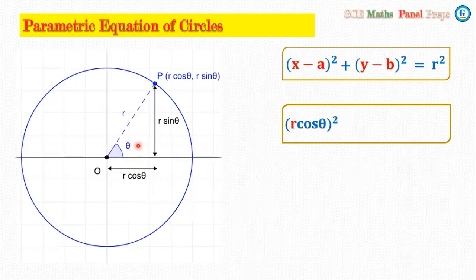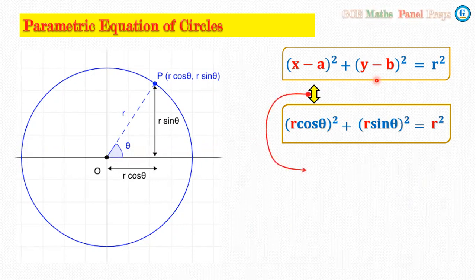From here, we know that this is x minus a all squared, so that's r cos theta all squared. This is y minus b all squared, which is r sine theta all squared, equal to r squared. So x minus a is equal to r cos theta, and therefore x will be equal to r cos theta plus a.